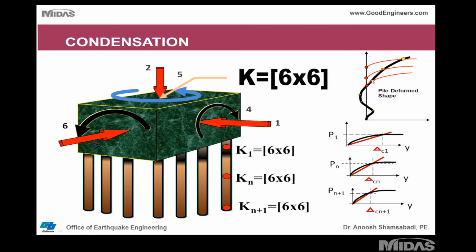And the foundation springs are linearized and incorporated into the 6x6 matrix at the element, and then you condense all of this foundation, including all the 6x6 matrices, to a 6x6 matrix at the bottom of the column. So that will replace all your foundation with a 6x6 matrix, so you don't have to worry about the foundation.